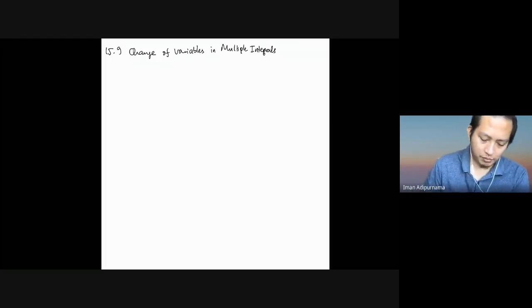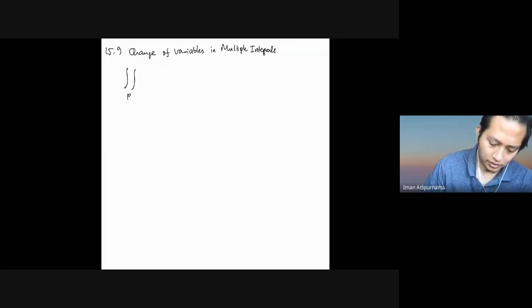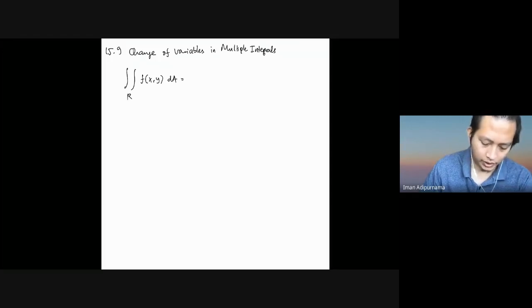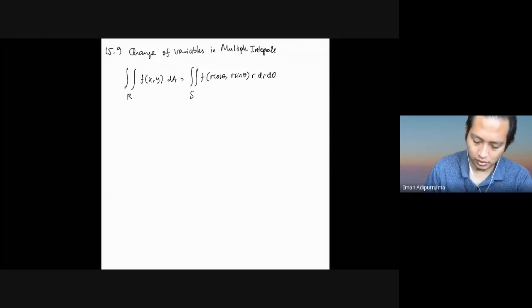Remember that in double integral, at the very early part of our chapter here, we have learned that we can also convert this to polar, right? Let's say this is becoming r cos theta, r sine theta, and then this is r dr d theta.